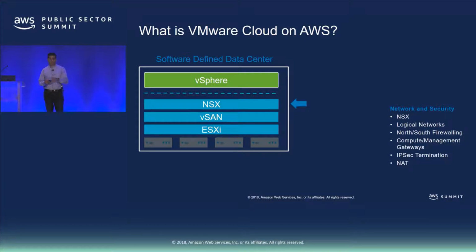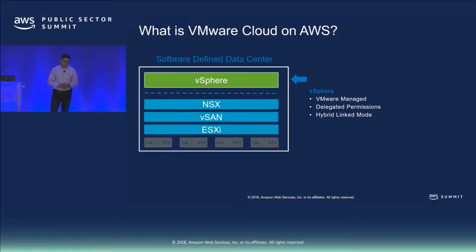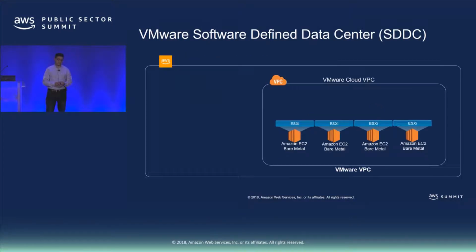You will only see what you need from a VMware perspective for the virtual machines that you provision. vSphere is all within the vSphere package managed by VMware. You get delegated permissions, and you can create hybrid linked mode to manage not just this cluster, but also your on-premises vSphere environments.